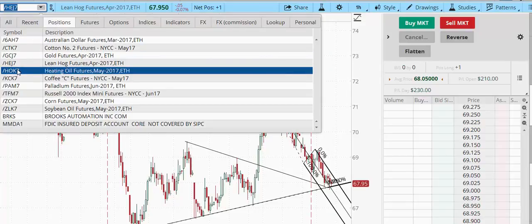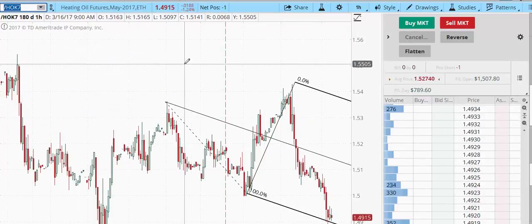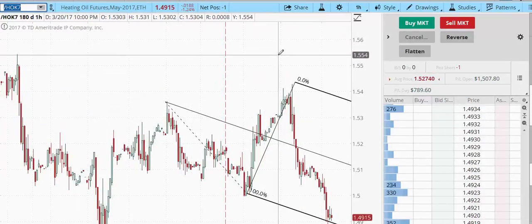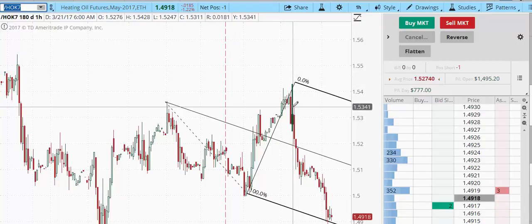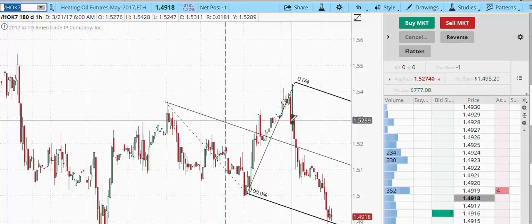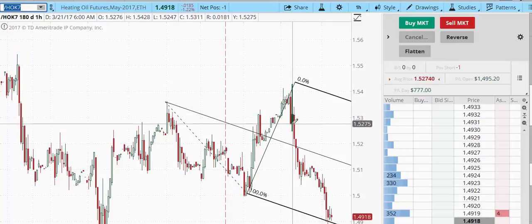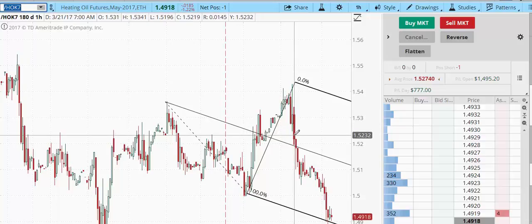Now, notice in this one here, we only have one position on. This here is the heating oil. Let's see, 1527.40. Where is that? That's about over here. So what this says is that we wound up getting short somewhere over here.